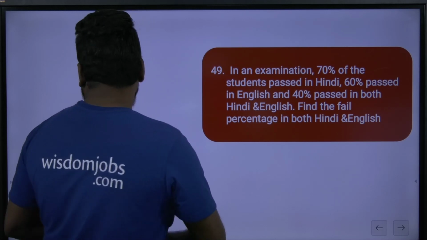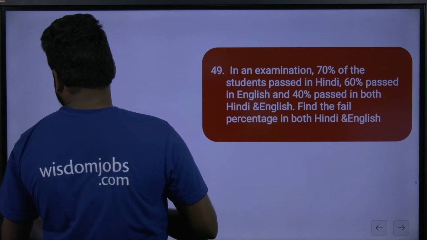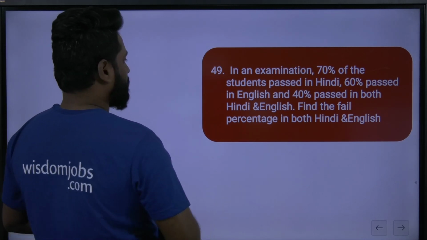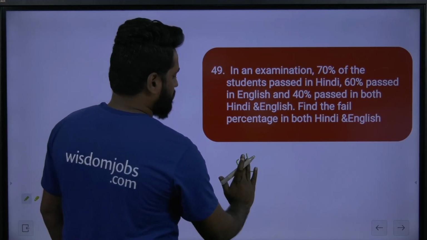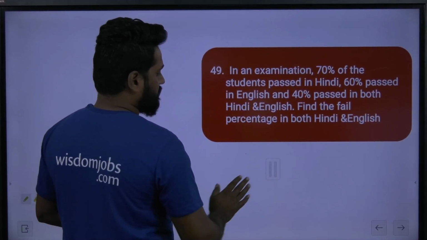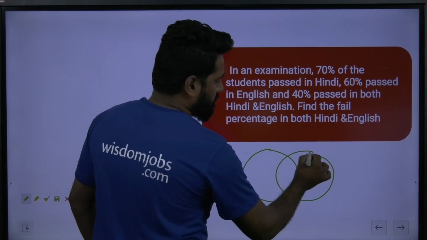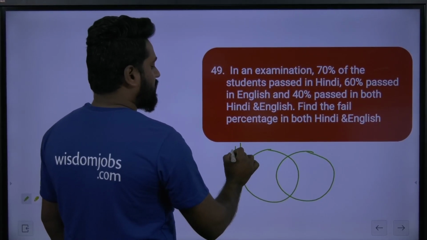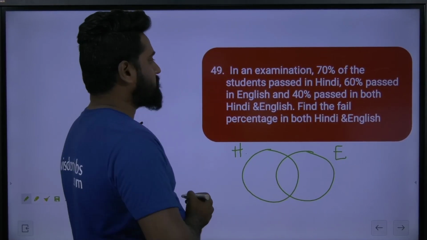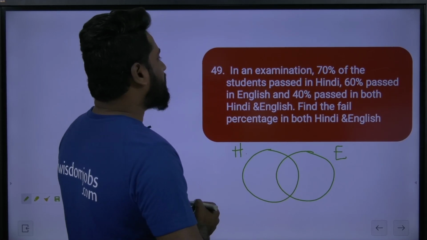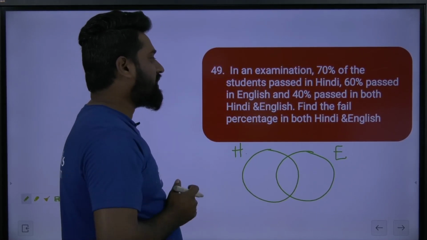Let us see it. Take one Venn diagram which contains two circles. Suppose this is Hindi and you can take this as English. 70% of the students passed in Hindi, 60% passed in English.